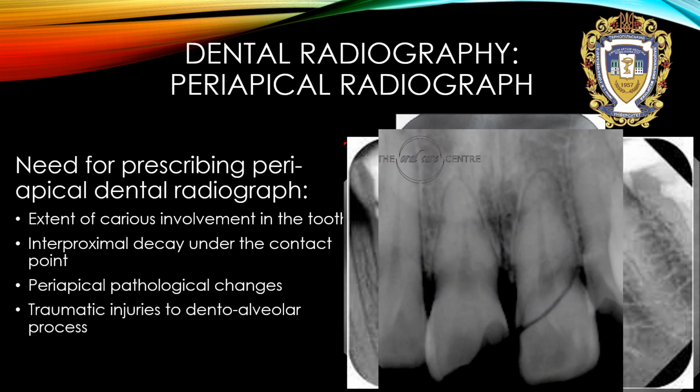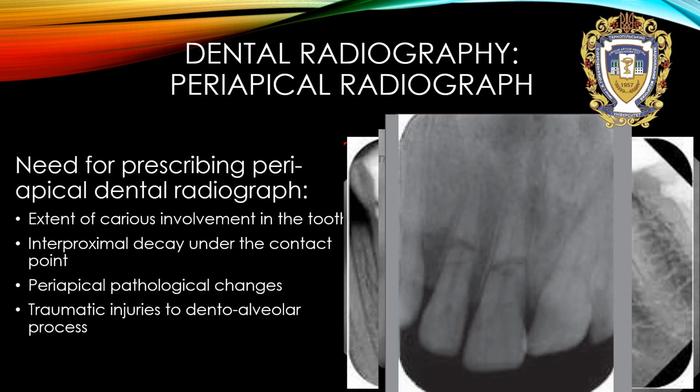Traumatic injuries to the dentoalveolar process. They show a fracture of the coronal part of tooth number 2-1. There is a clearly visible fracture of the coronal part and a not so clear fracture of the root.